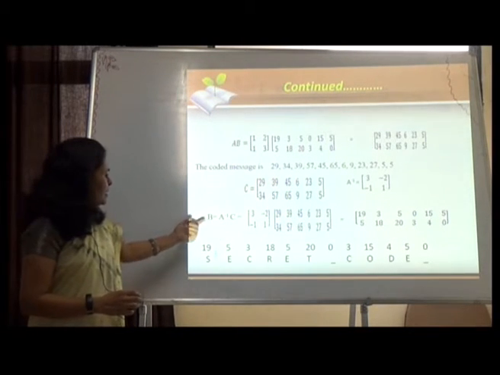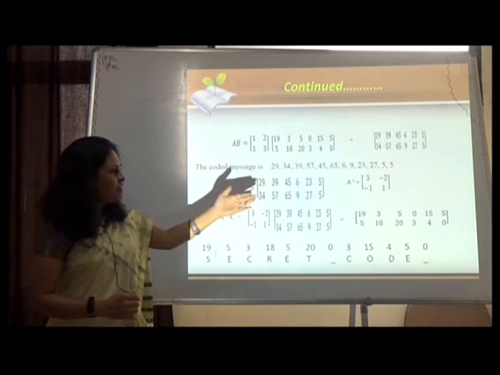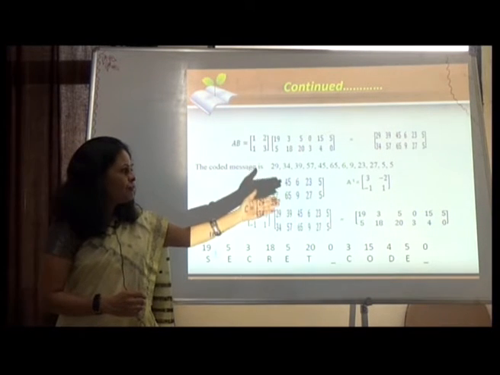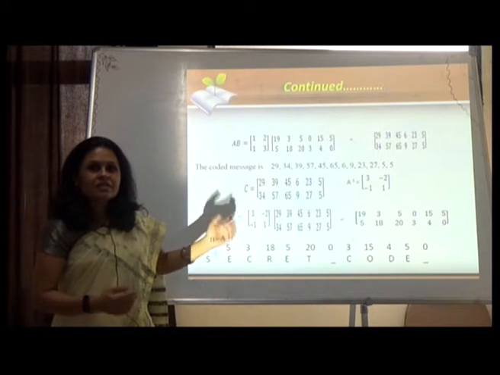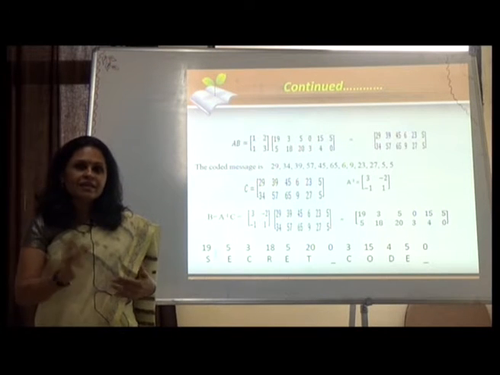Can you see? B is A inverse into C. So, what you get is 19, 5, 3, 18, 5, 20, 0, 3, 15, 4 and the last column, if you read, 5, 0. Now, this is the decoded matrix. Now, how is it received again?